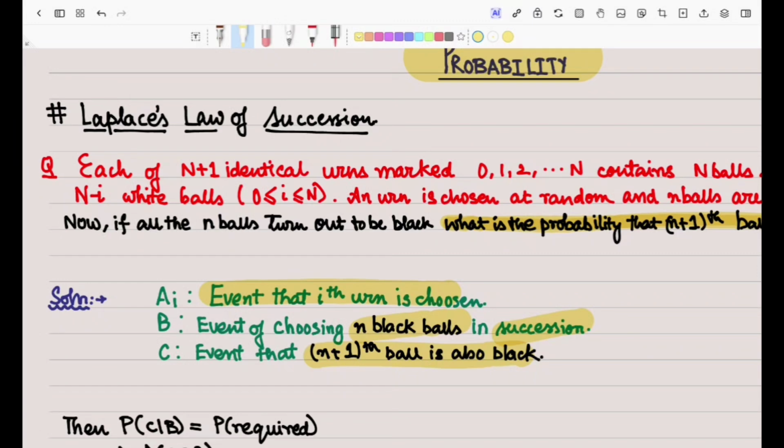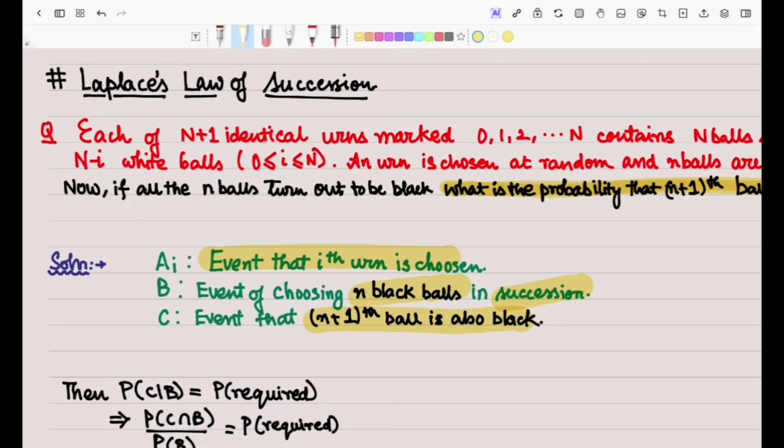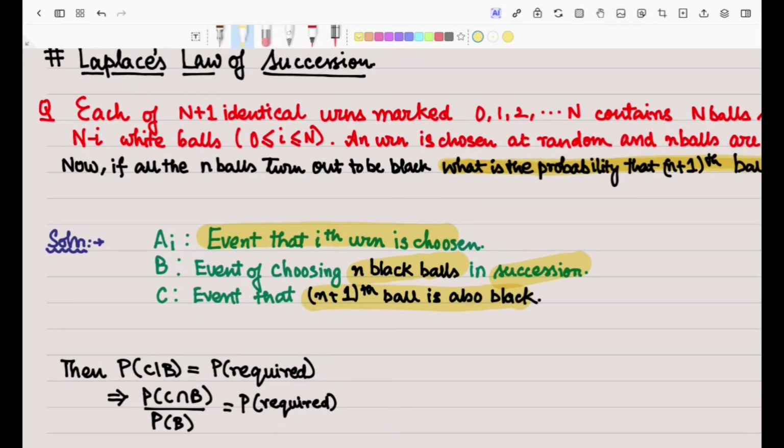Now, what is the required probability? The required probability is P of C given B. I think you can understand it, because if I have been given B, then I need to find C. That's a conditional probability.